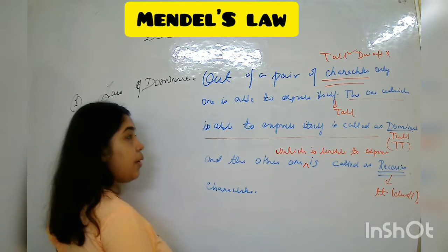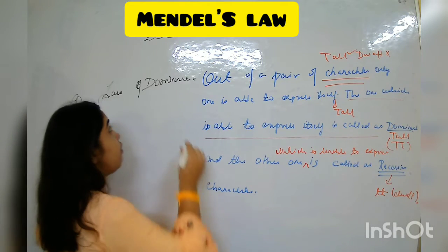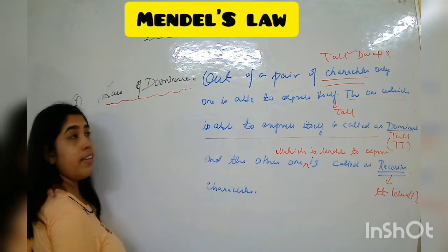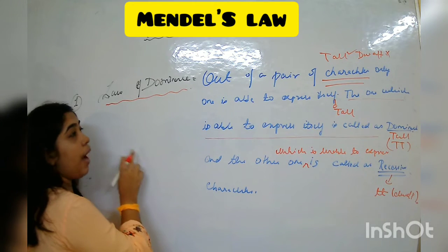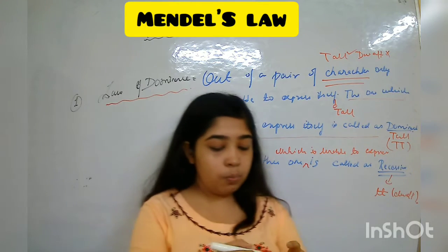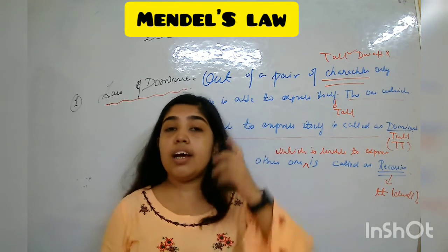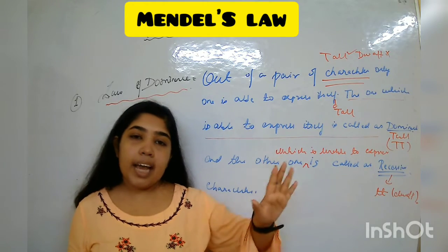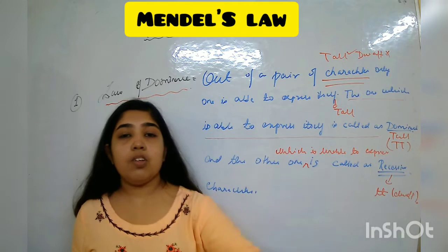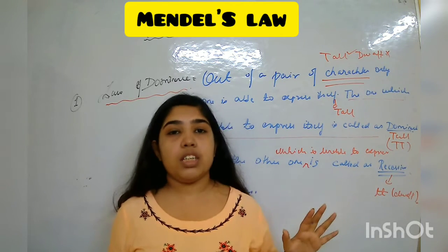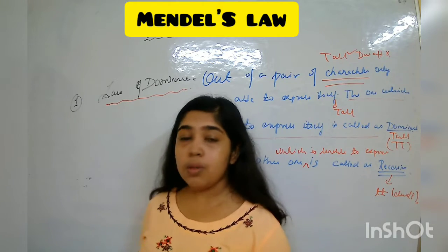This is what is given as the law of dominance, the first law, given by Gregor John Mendel. Is this law clear to all of you? If it is not clear, I will explain once more. But presently understand this is the first law: one character will be able to express itself and go to the next generation, and the character which is not able to express itself will not go to the next generation. Okay, I am rubbing this board.